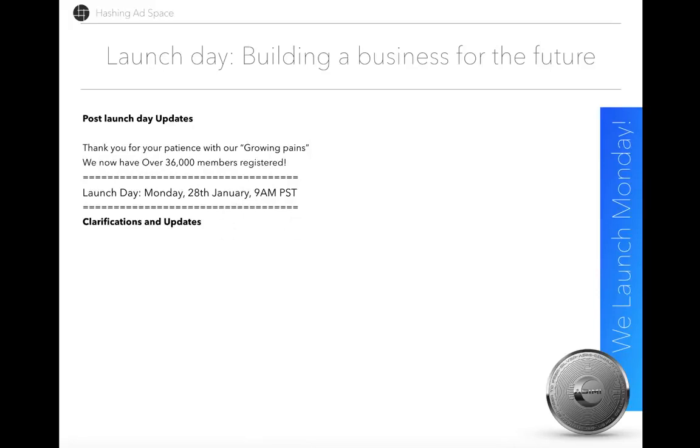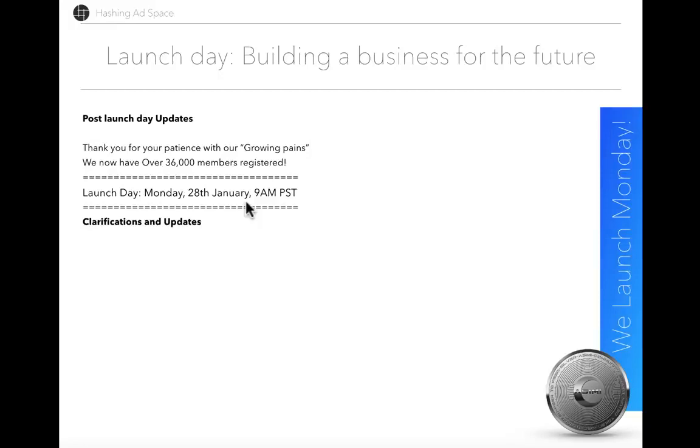So, like I said, this is a big moment for Hashing Ad Space to finally make it real. I think this is going to instill even further confidence in Hashing Ad Space and what we have to offer once the minters in our system are able to take some of their Asimi and exchange it for Bitcoin on the Waves decentralized exchange. That's going to be a big moment for a lot of people to see that Asimi has value there, and also when members can start taking advantage of additional minting, really increasing their minting income every day by watching more ads.